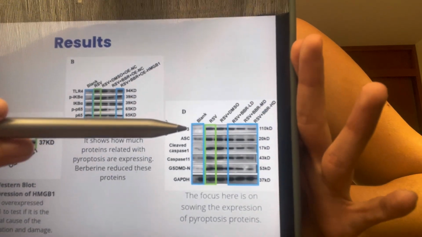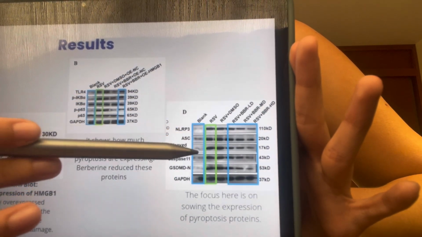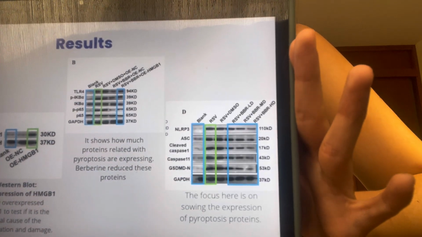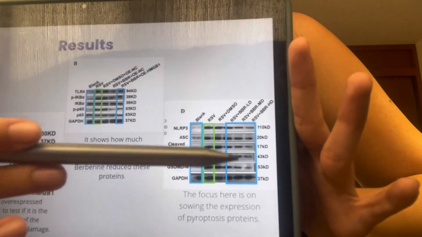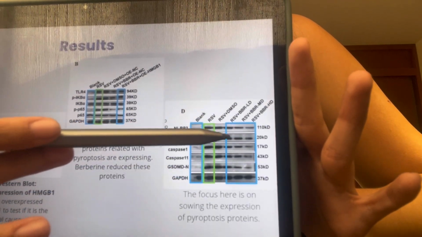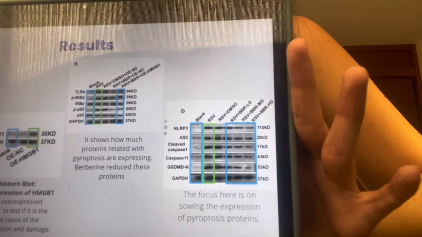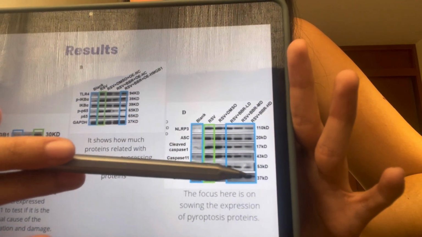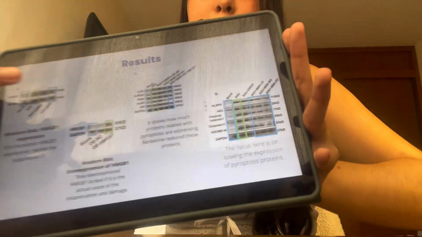And here we had some fibrosis and inflammation markers. So in the blank cell, as you can see, it's not expressing. Then when they use the RSV, it will start expressing. And when they overexpress the HMGB1, it is going to block the effects of the berberine. But when they block the receptor of the HMGB1, then those effects could be reduced when using the berberine.